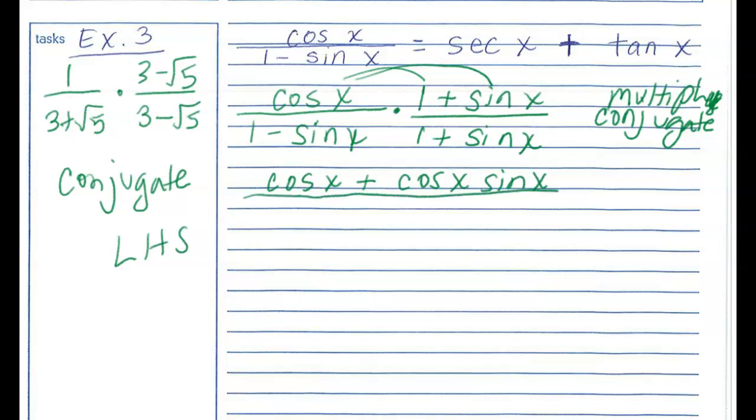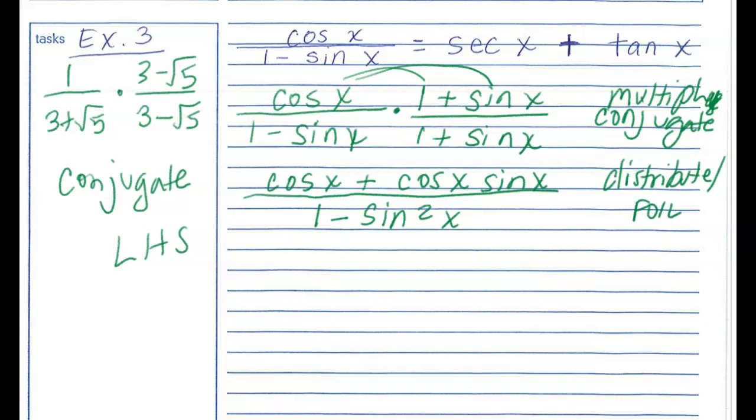Who knows what happens. So FOIL the bottom, right? So 1 minus sine squared x. Okay. We distributed and FOILed.